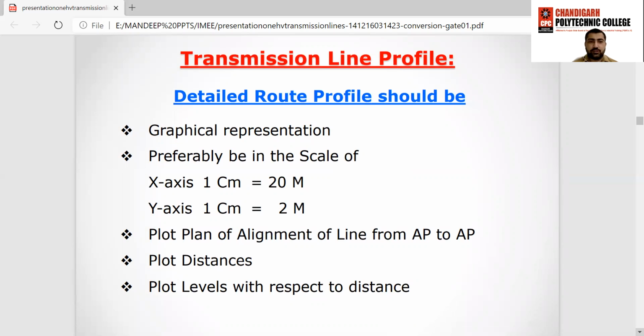Detailed route profile should be a graphical representation, preferably on the scale x-axis 1 cm equal to 20 meter, y-axis 1 cm equal to 2 meter.